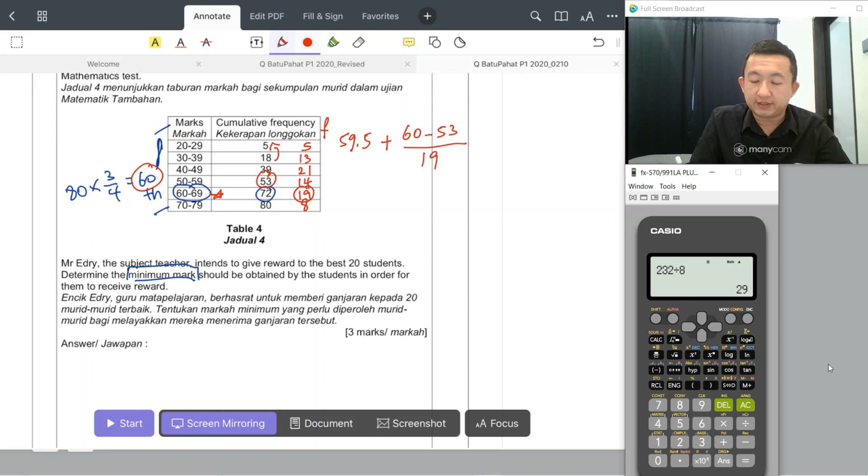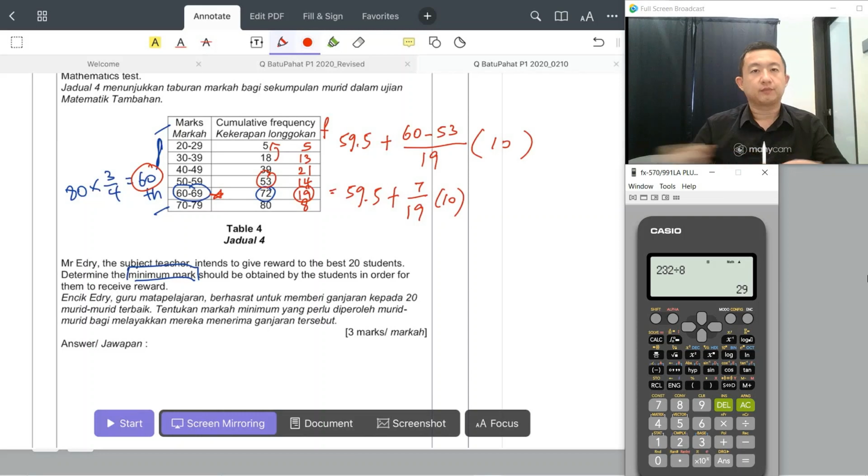So you put 19, multiplied by the class size. What is the class size? The difference between the lower and upper boundary. So 69.5 minus 59.5, 10 is the class size. Okay, now you just put everything into your calculator. 7 over 19 multiplied by 10, plus 59.5.